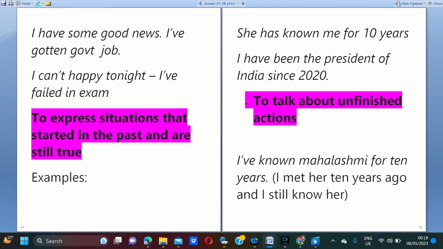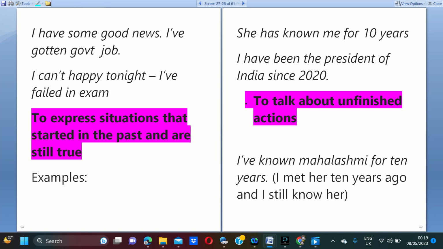The action has begun somewhere earlier. Suppose 10 years ago. What is the year now? 2023 here. I knew her 10 years ago. That means in 2013 itself, I knew about her. She also knew about me.